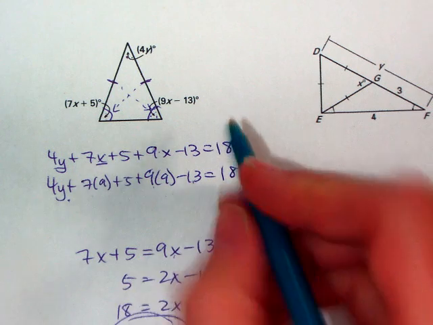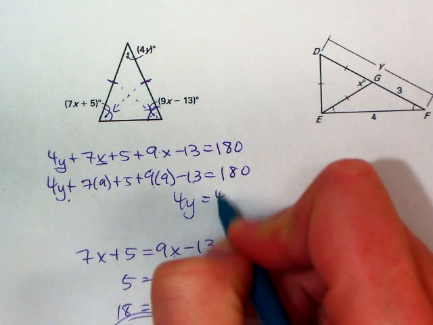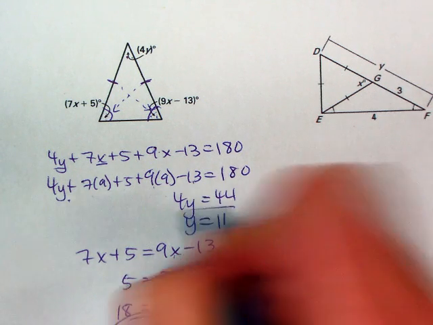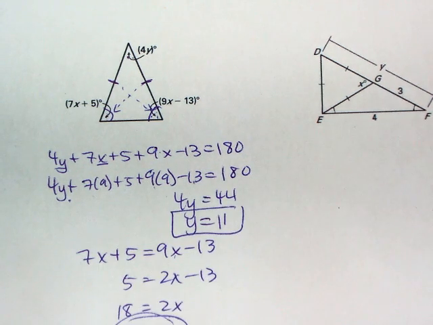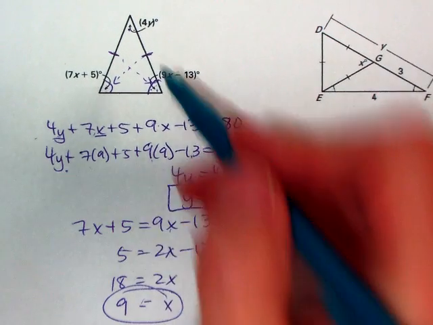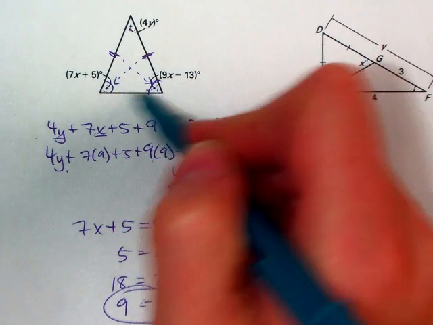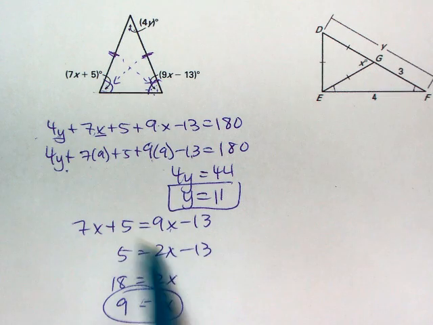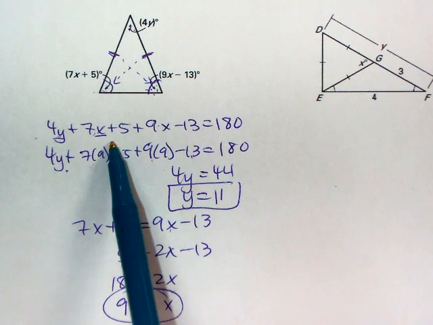And I come up with 4y equals 44. So y is 11. So we set up that first problem using all of the angles in a triangle adding up to 180. We had two variables, so we had to come up with something else that would help us. These two tick marks mean that these angles are equal. So I set those equal to each other, figured out what x was, and then plugged it back in.